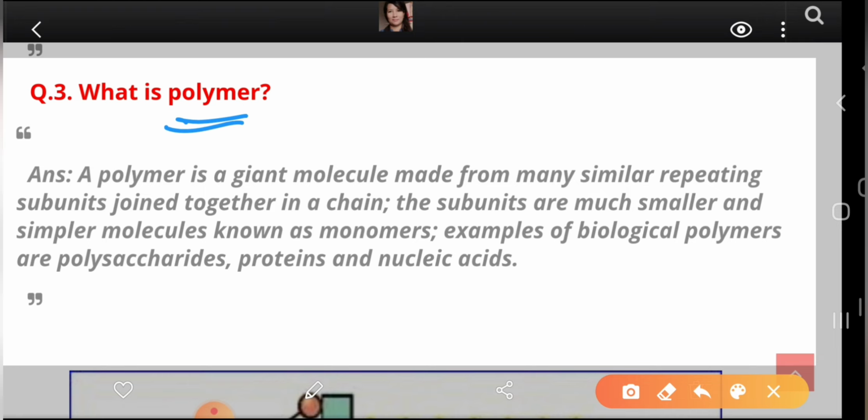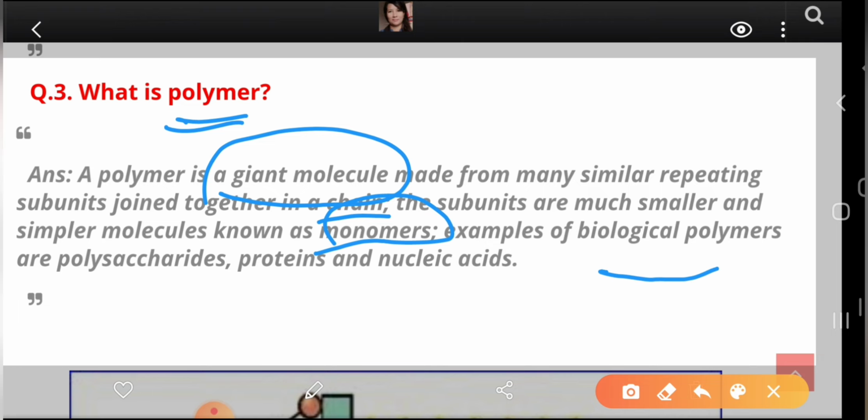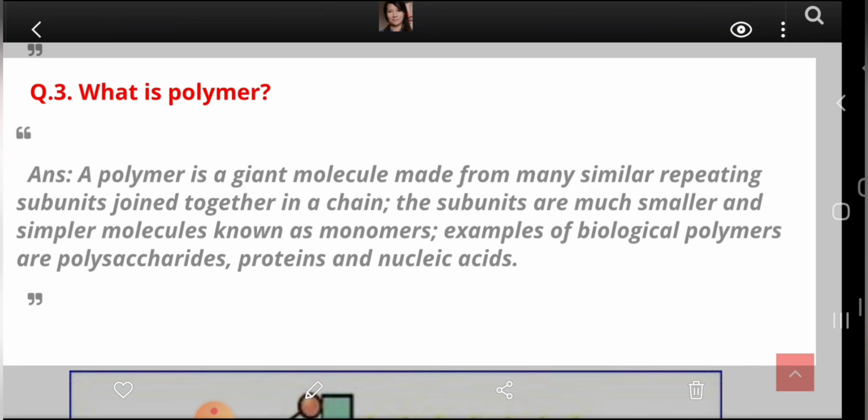A polymer is a giant molecule made from many similar repeating subunits joined together in a chain. The subunits are much smaller and simpler molecules known as monomers. For example, biological polymers are polysaccharides, proteins and nucleic acids.